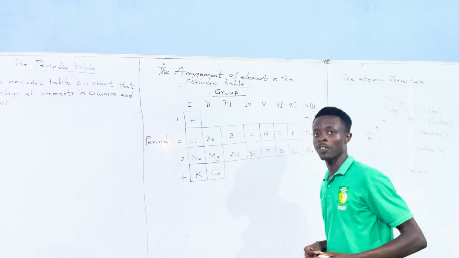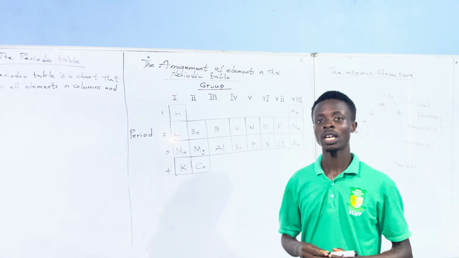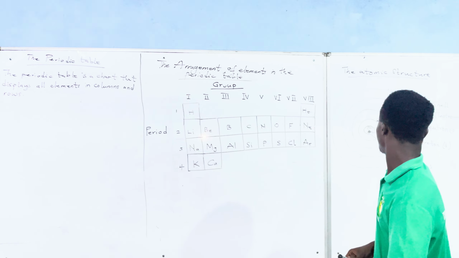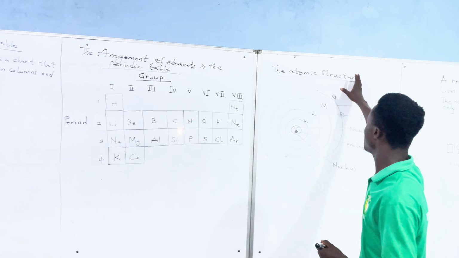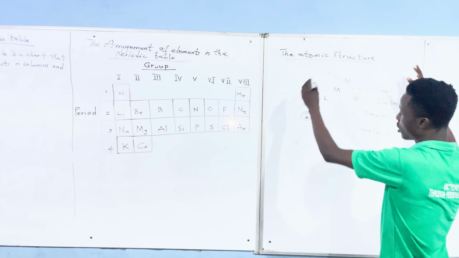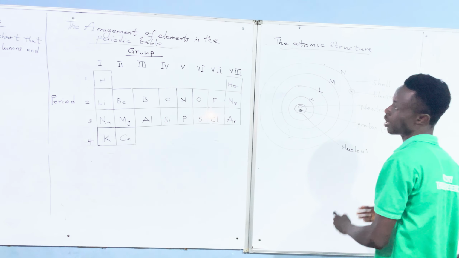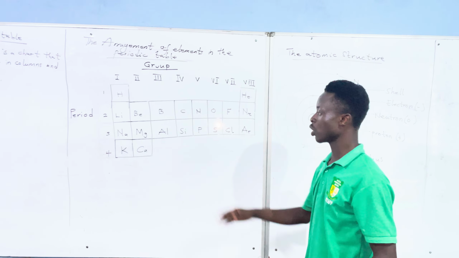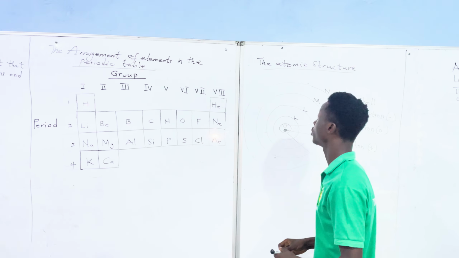But what if the periodic table is not given? How can you find the elements? Alright, so we are going to do that by studying the atomic structure, and use that to find the group and the period of each of the elements in the periodic table.